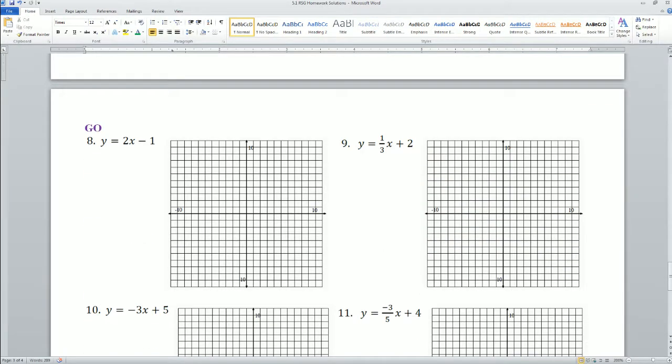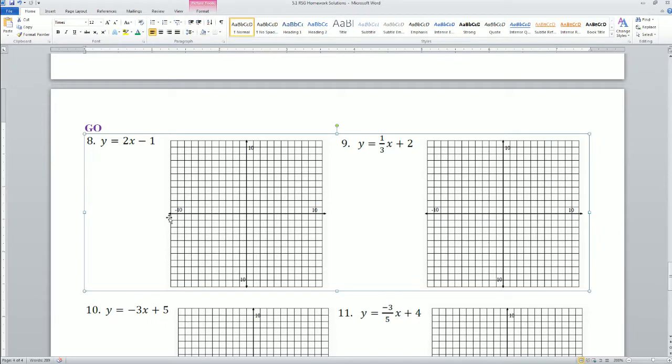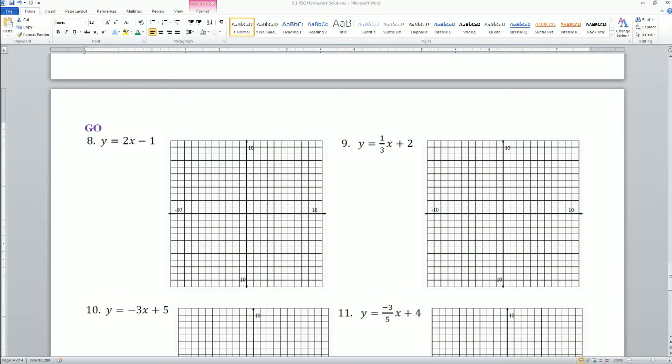The Go part. The question asks us to graph these and find solutions. So just graph these and look for these solutions. If you want to see the graph, you could graph it in decimals.